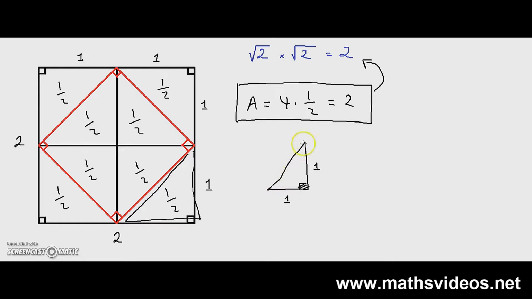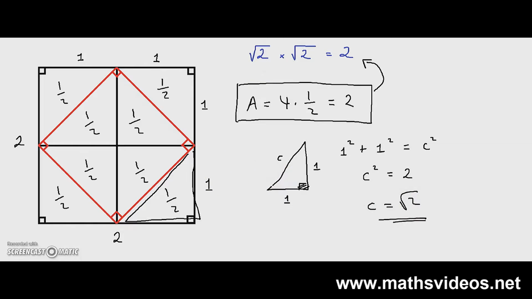This right-angled triangle also has a hypotenuse. We're going to call it C, okay? According to Pythagoras' theorem, 1 squared plus 1 squared would be equal to C squared in this case. So C squared would be equal to 2, which means that C is equal to the square root of 2.